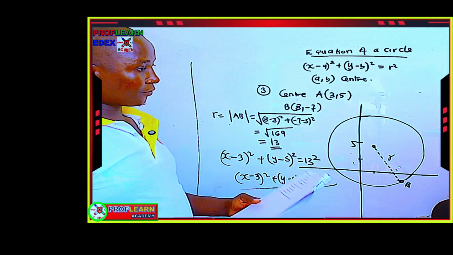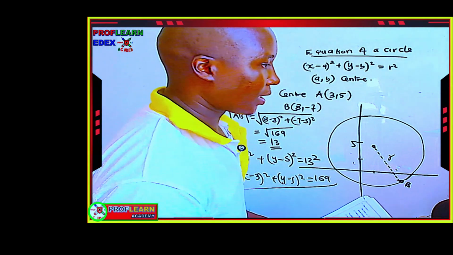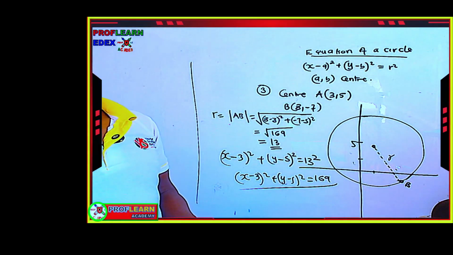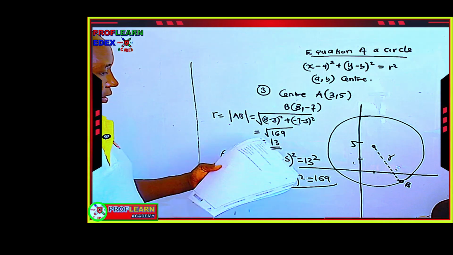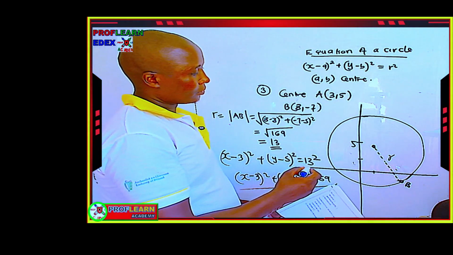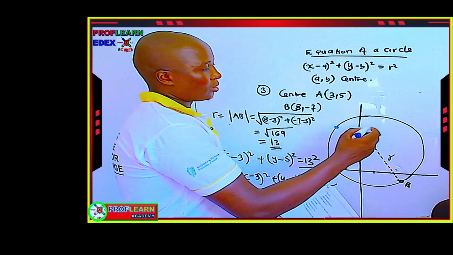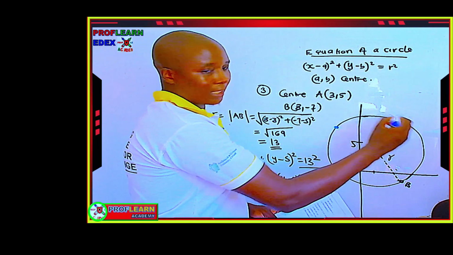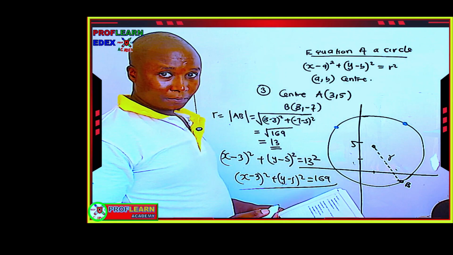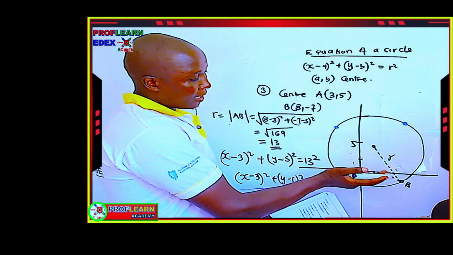M and N are two points on the circle, and these 2 points form a chord, and the chord is above the x-axis.